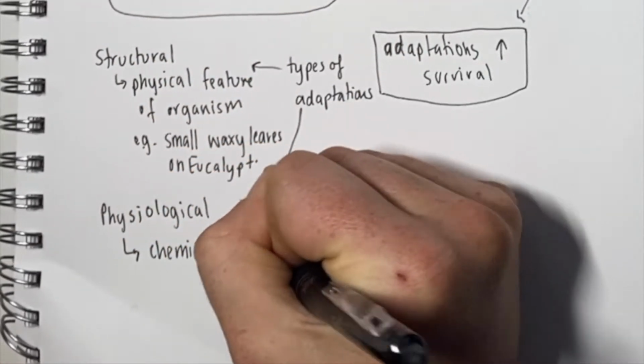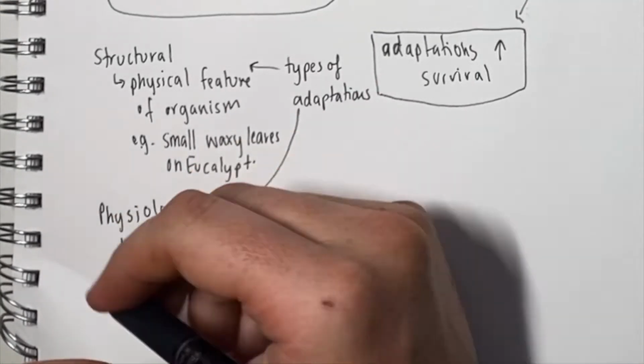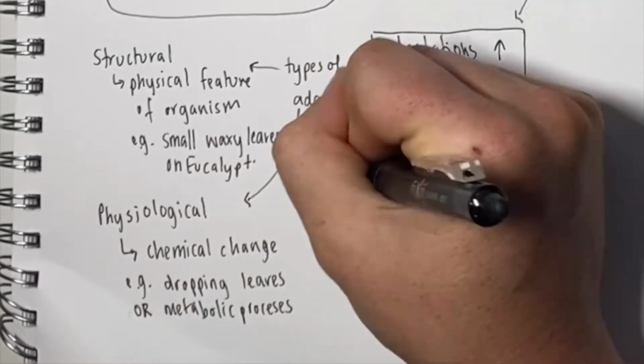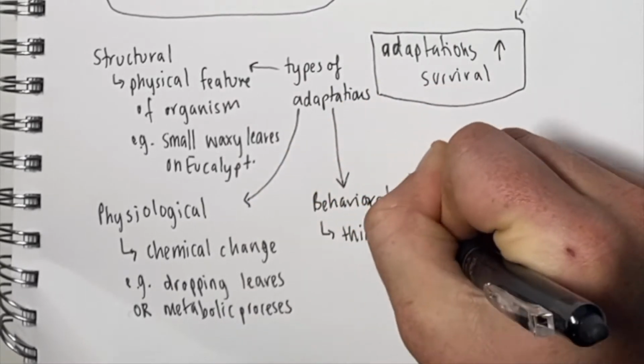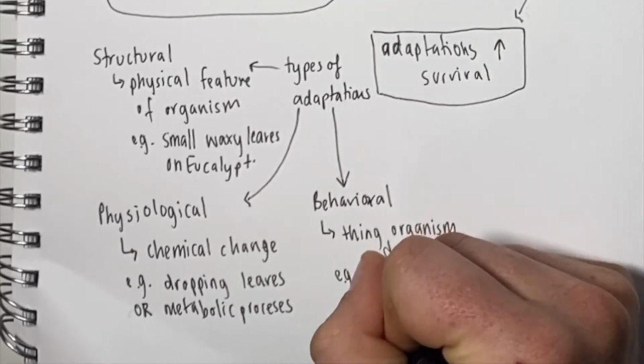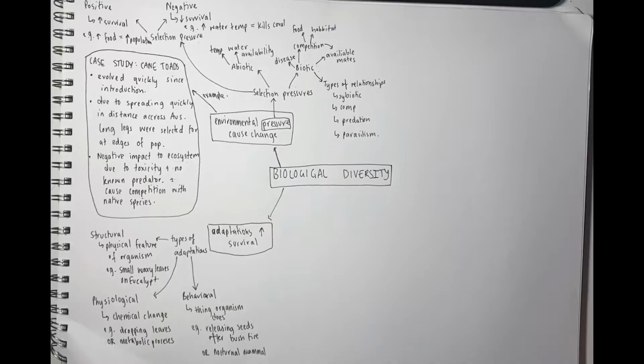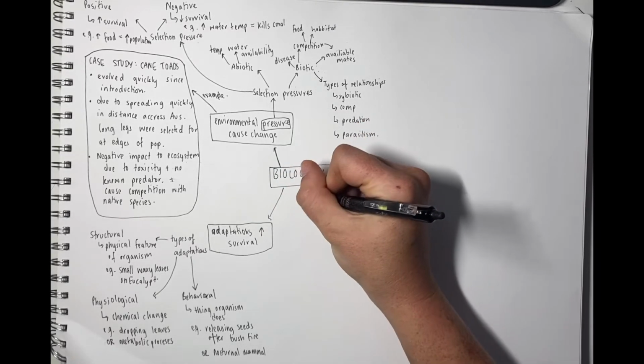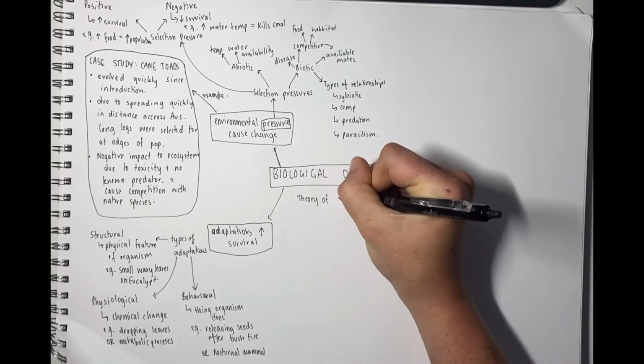Physiological adaptations are chemical changes that occur within the organism, for example, dropping leaves or metabolic processes. The last type is behavioural, and they're things that the organism does, for example, releasing seeds after a bushfire for the Banksia, or being nocturnal for a mammal.